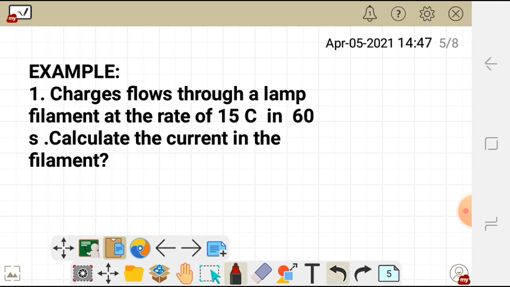The example says: charges flow through a lamp filament at the rate of 15 coulombs, and I'm sure by now you know what coulombs are, in 60 seconds, which is the time. Calculate the current in the filament.